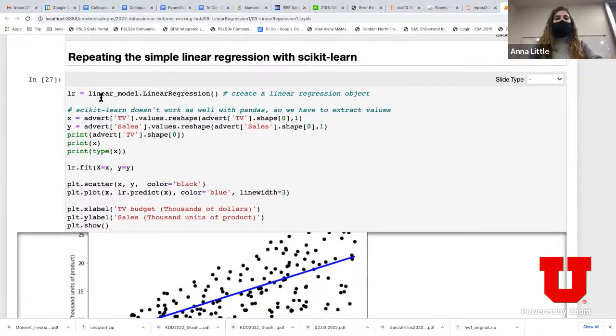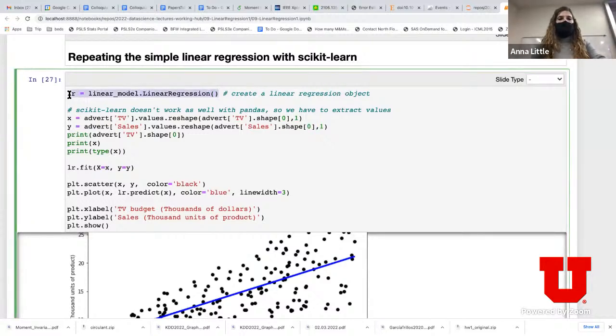First, you would start off creating a linear regression object, by linear_model.LinearRegression. I feel like it's a little bit more annoying if you're using the pandas data frames to do it this way, because it doesn't play nicely with the pandas data frames, unlike the statsmodels that we did before.